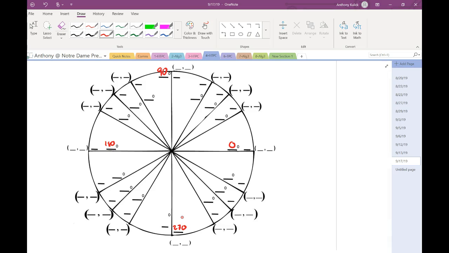Okay. If I fill out the angles in the first quadrant, it's 30, 45, and then 60.